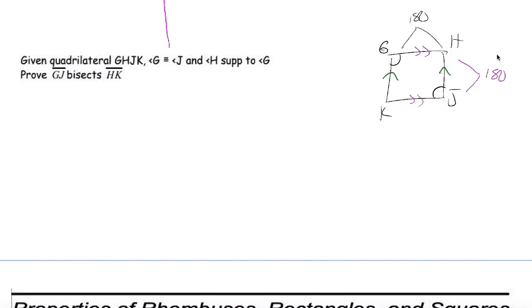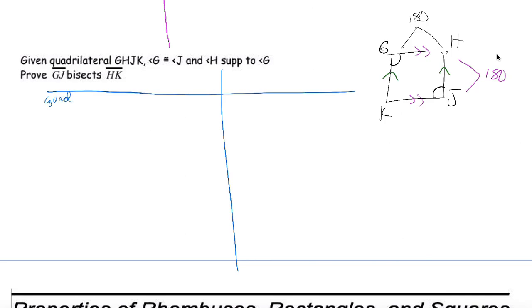So let's get started on the proof here. So we have quad GHJK. We know that angle G is congruent to angle J, and we know that angle H is supplementary to angle G. So all of that was given.